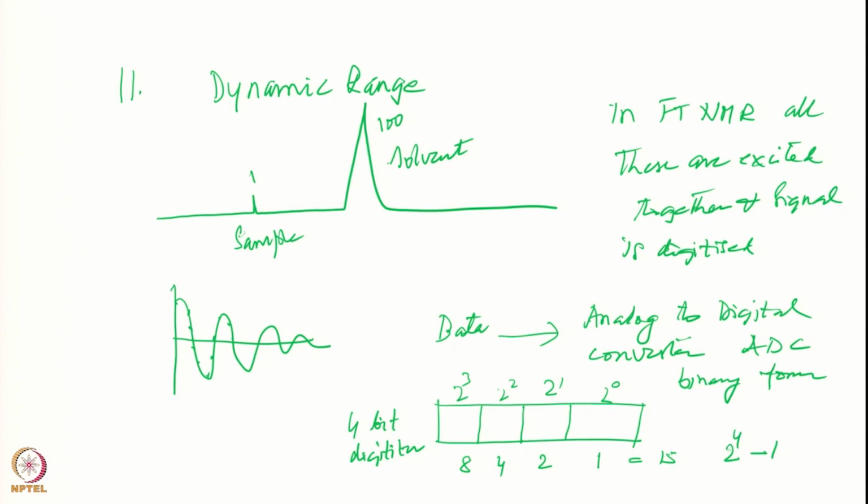Okay. So therefore typically one uses what are called 12 bit or 16 bit digitizers. Out of these they also have to account for the sign. One bit is kept for the sign, plus or minus. So therefore what will be the number in a 12-bit digitizer? Okay.